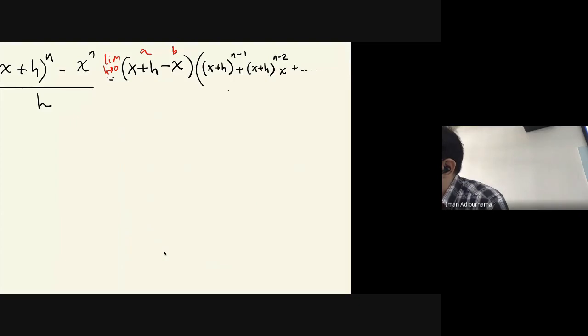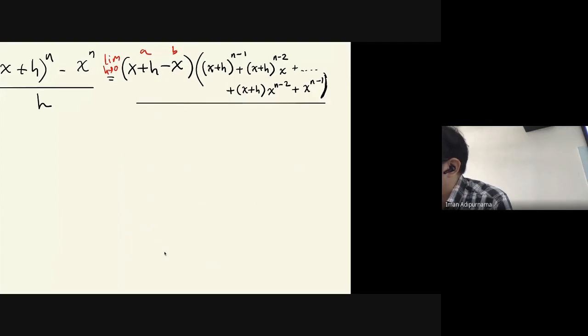Plus, I will go down here, plus just x plus h and then x to the n minus 2, and then plus the last one is x to the n minus 1, and then close the bracket. And this all should be divided by h.